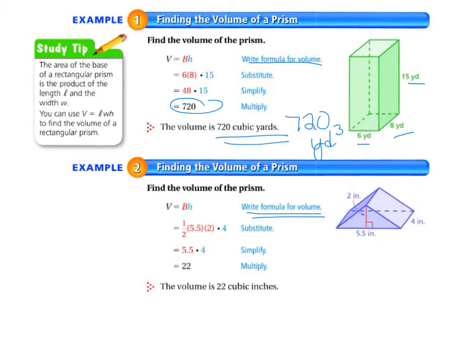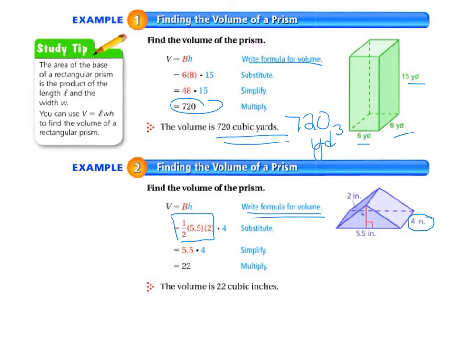So I'll remind you of that. So that's where they got this part. So 5.5 times 2 times 1/2, and then the height is actually down on the bottom here, and that's 4 inches. So the height for this is 4 inches.